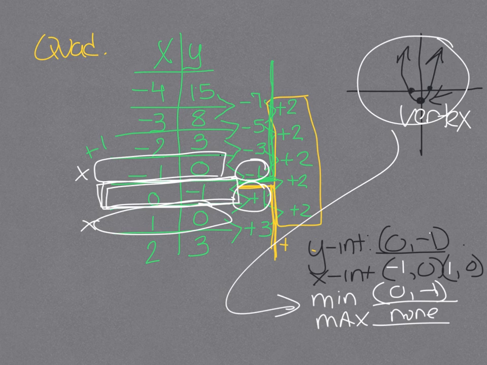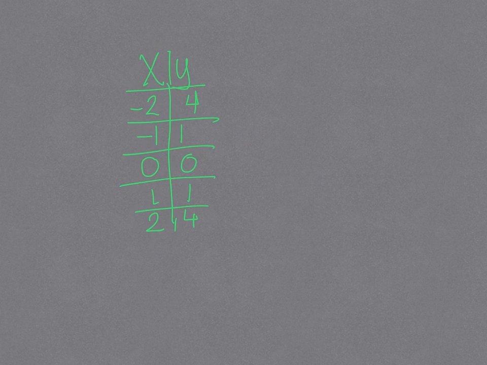Let's look at this one. We're adding 1 over here. All right. From 4 to 1, we were subtracting 3, and then subtracting 1, and then we added 1, then we added 3.